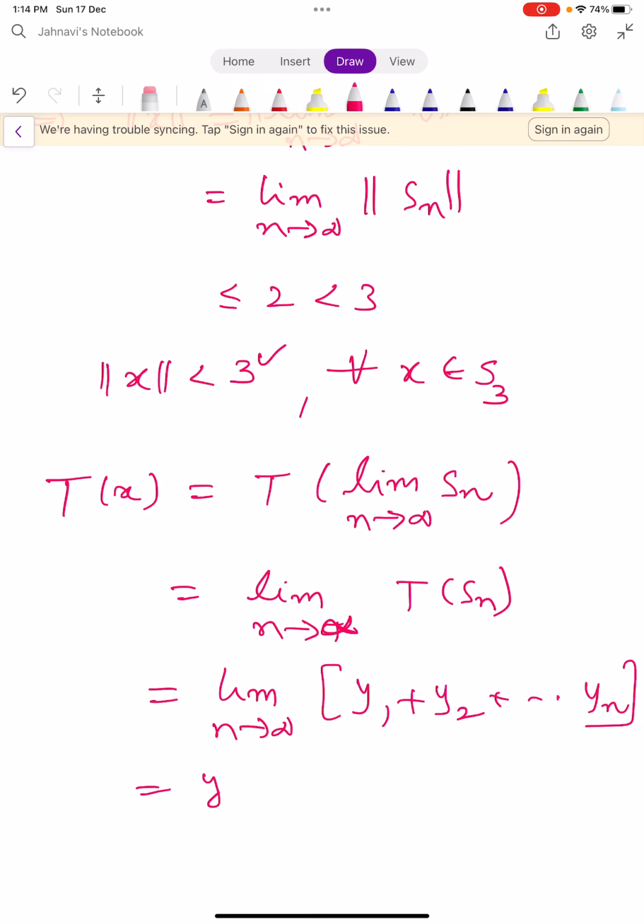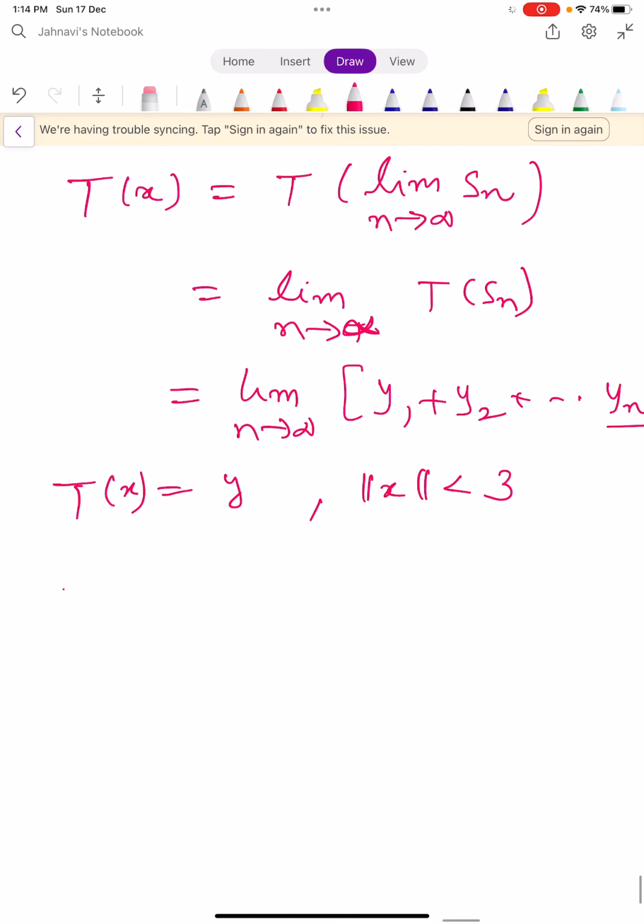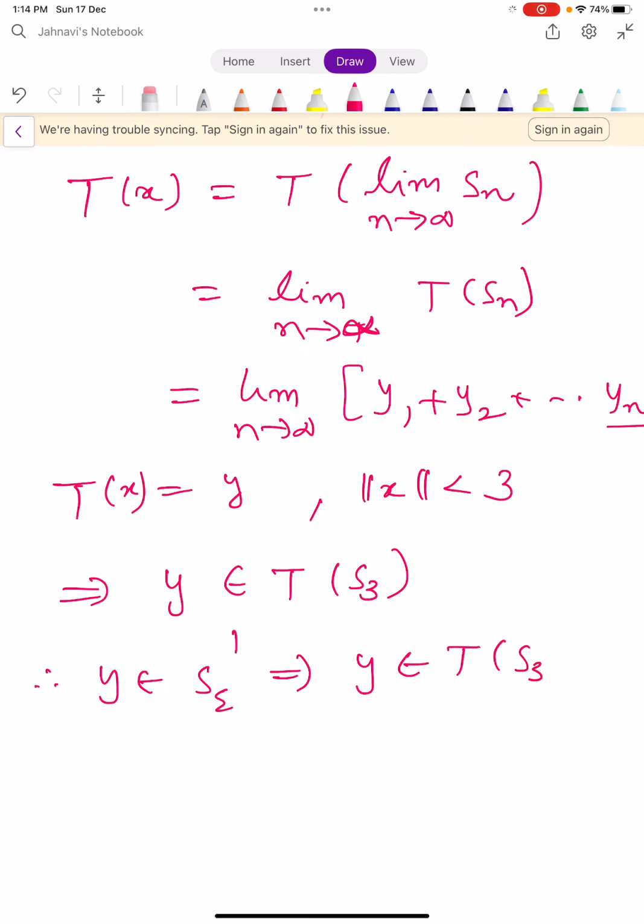Therefore T of x is equal to y, where norm x is less than 3. This condition applies as y belongs to T of S3. Therefore y belongs to S epsilon dash implies y belongs to T of S3. This condition shows us S epsilon dash is a subset of T of S3.